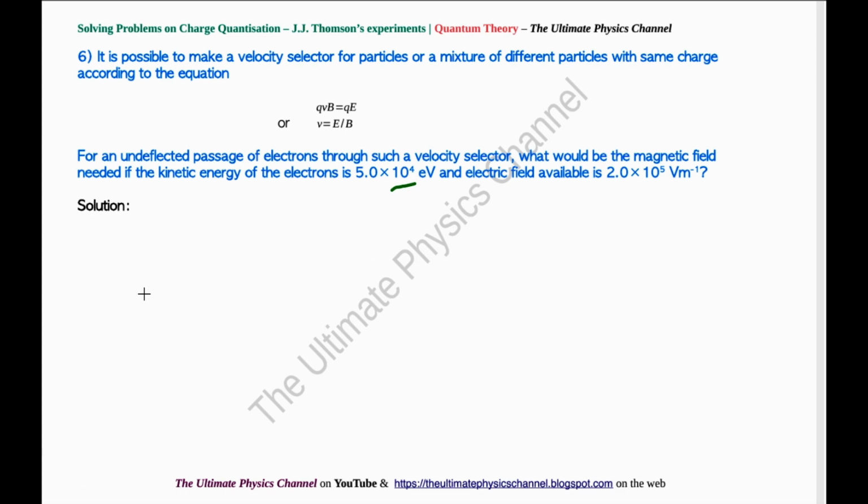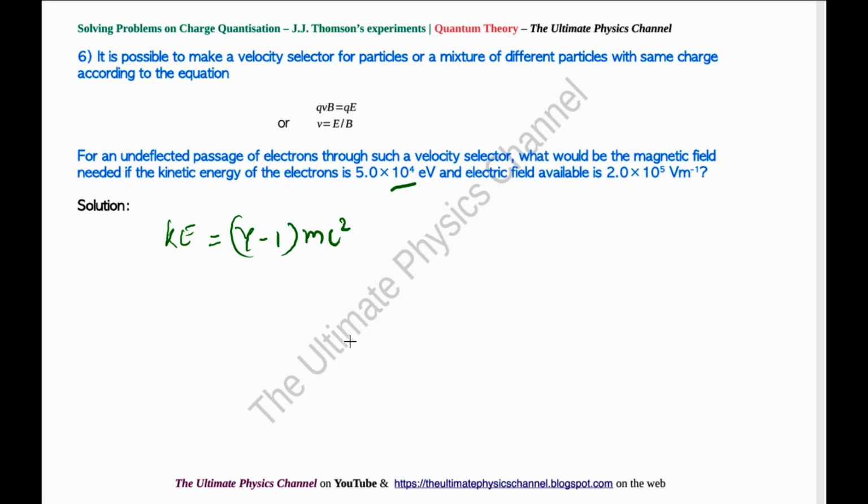So the kinetic energy expression is gamma minus 1 mc squared, the relativistic kinetic energy expression.